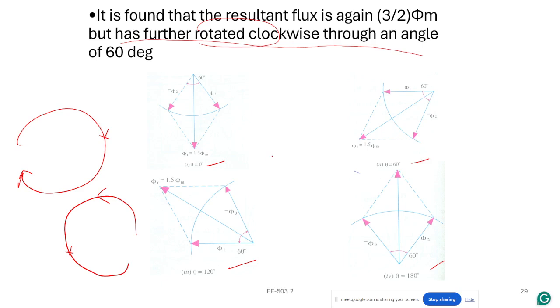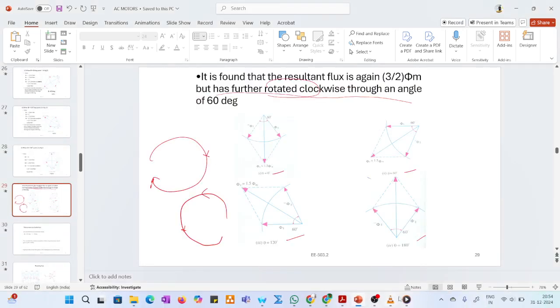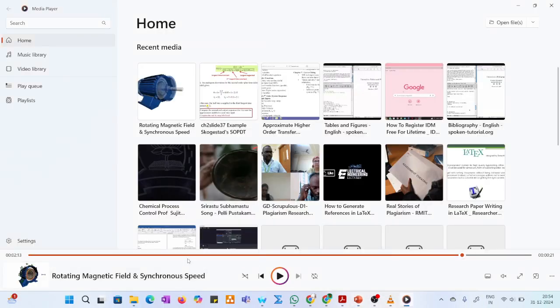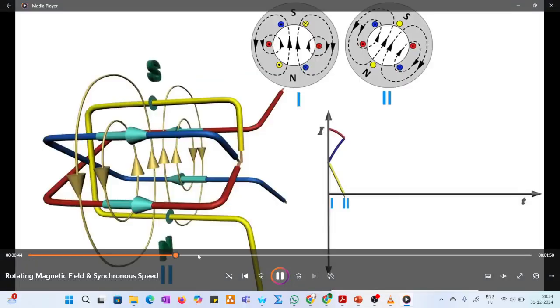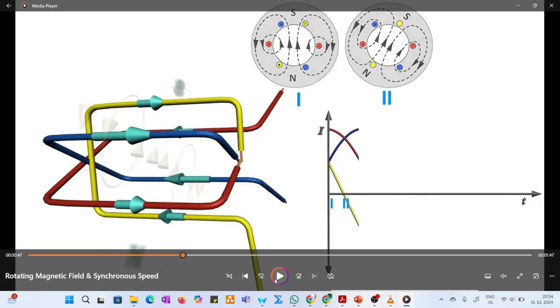So if the windings, let me see in the animation. Here, at 0 degrees, how the current is flowing inside.